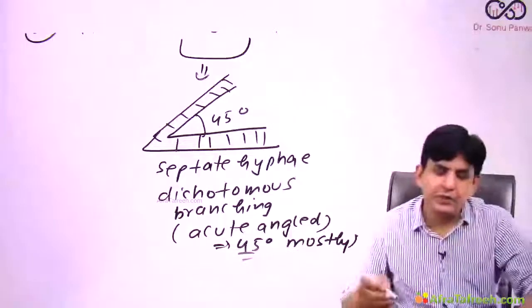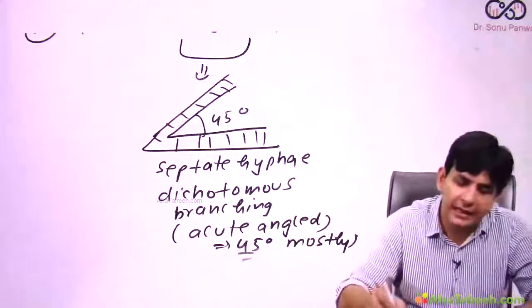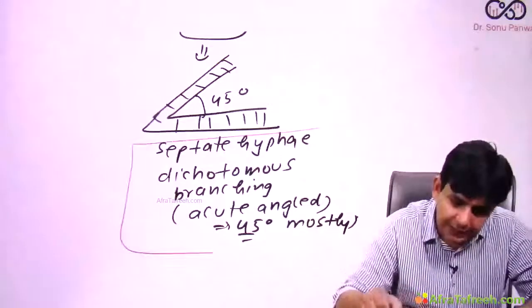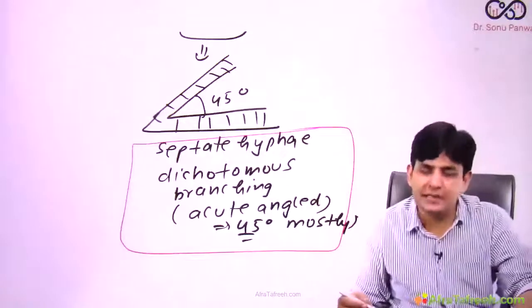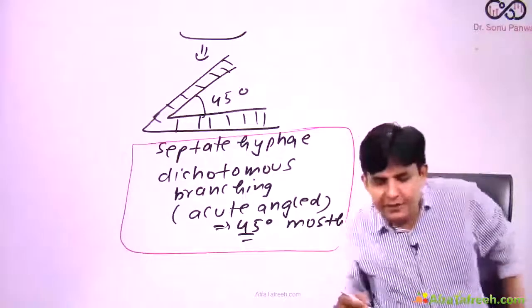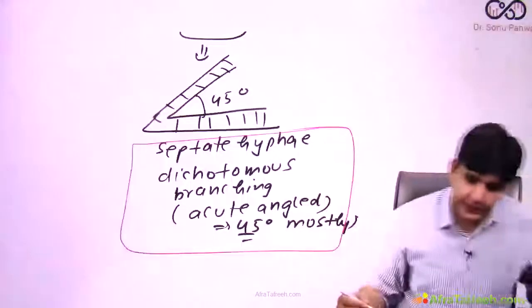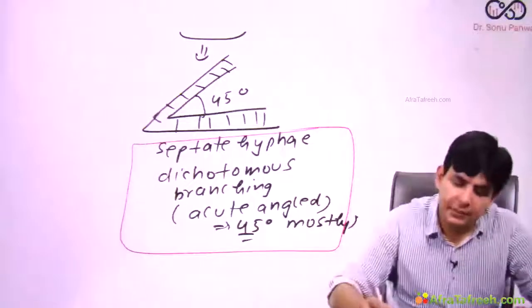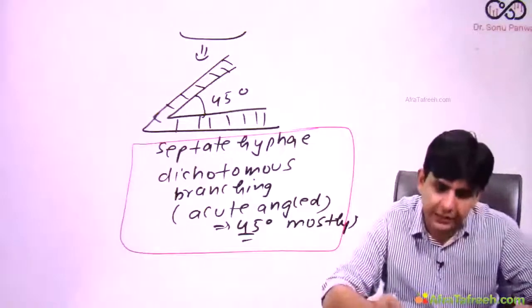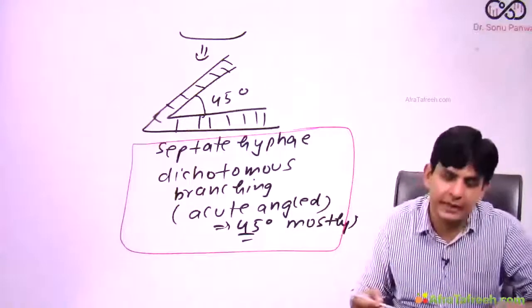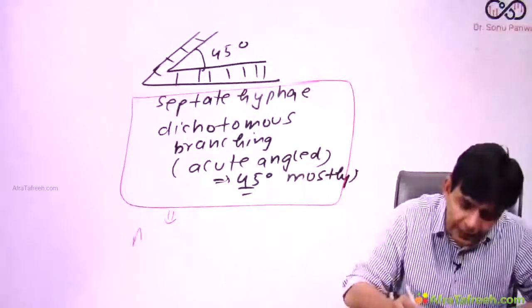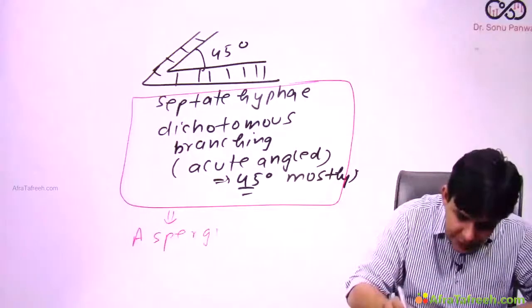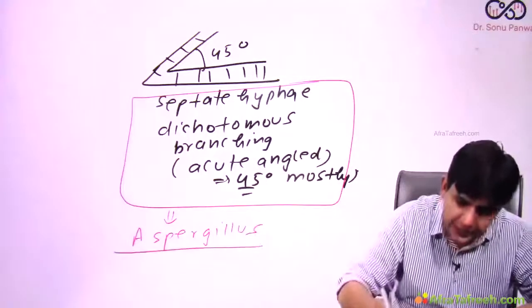So if you see this tagline in your question, septate hyphae, dichotomous branching, acute angled, 45-degree mostly, then they are talking about Aspergillus.